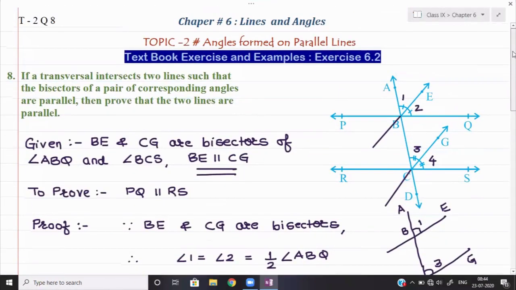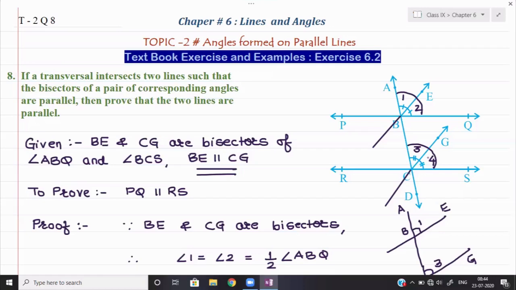Angle ABQ means this particular angle they are talking about, and BCS means this particular angle. These two angles we got equal, and these two angles are corresponding angles, and if the corresponding angles are equal, we know that lines are parallel.